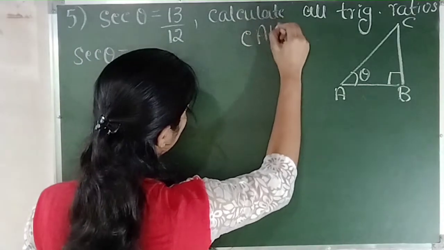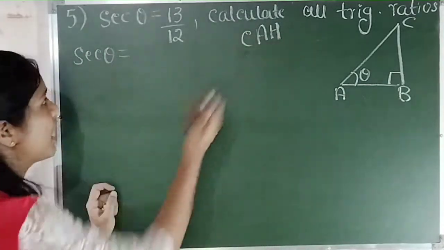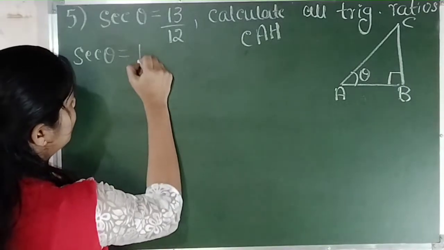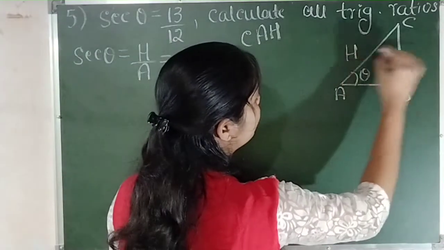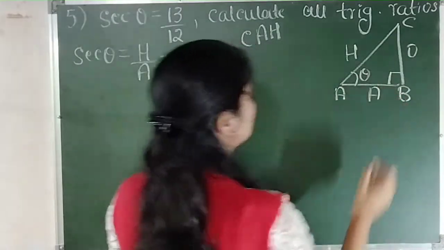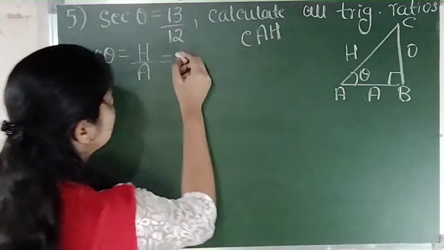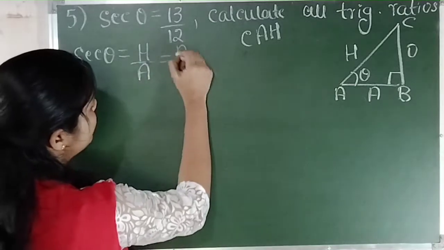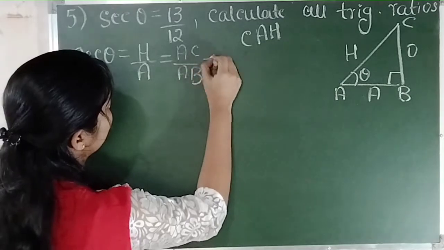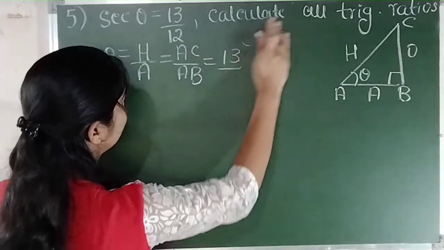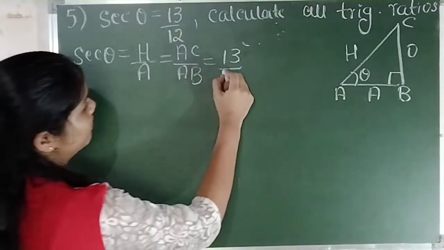Cos is adjacent by hypotenuse and secant is hypotenuse by adjacent. So the hypotenuse is AC and the adjacent side is AB. This is equal to 13 by 12.